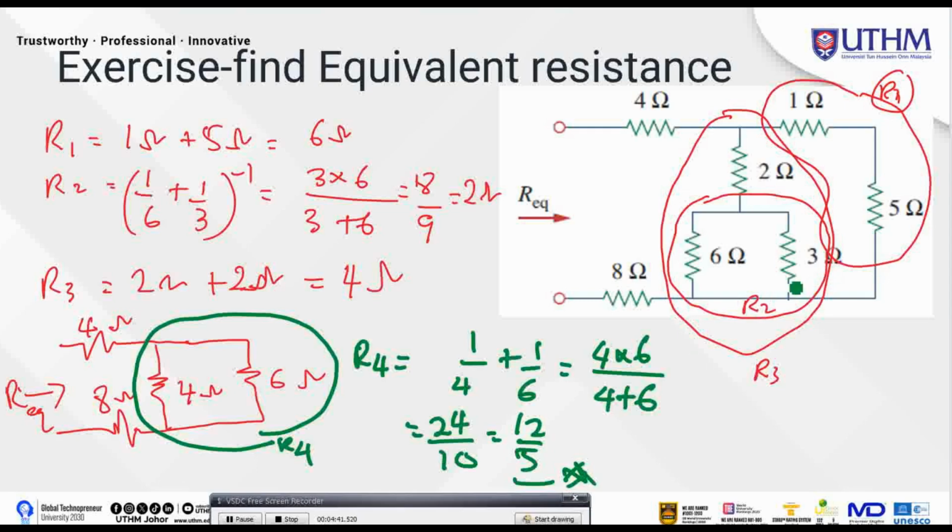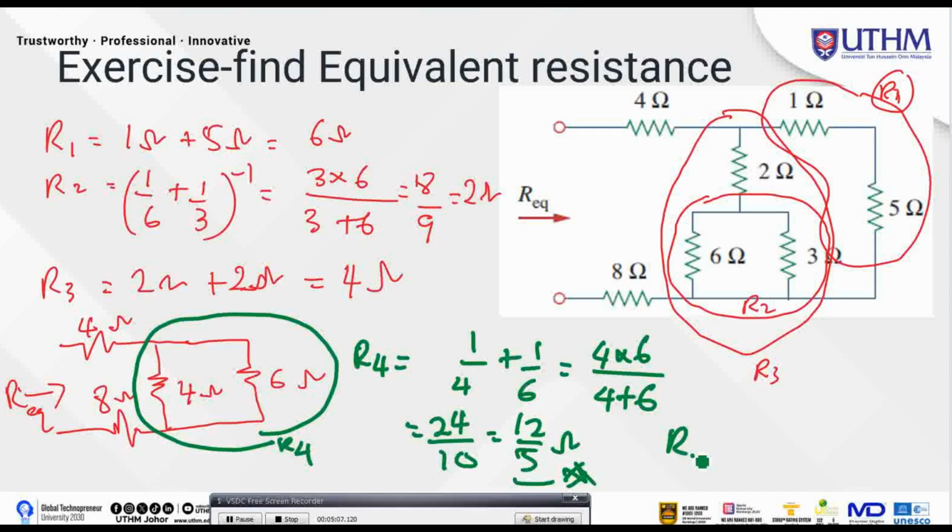Finally, we need to combine all three resistors: 4 ohms, 12 over 5 ohms, and then 8 ohms. This will be R equivalent, all connected in series.